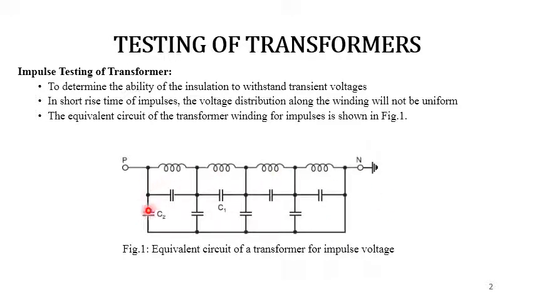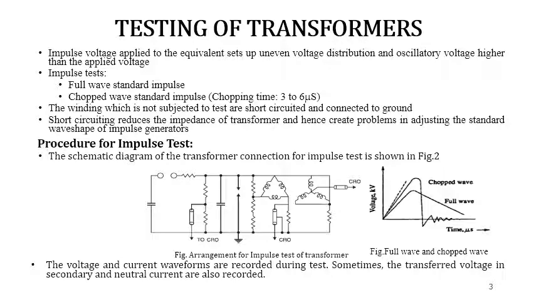You can see there is ground and mutual capacitance between the terminals. Here the voltage distribution along the winding will be uneven, and oscillations will be set up, producing voltages much higher than the applied voltage.